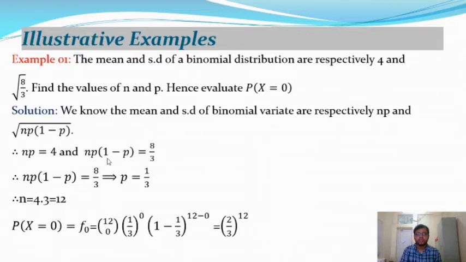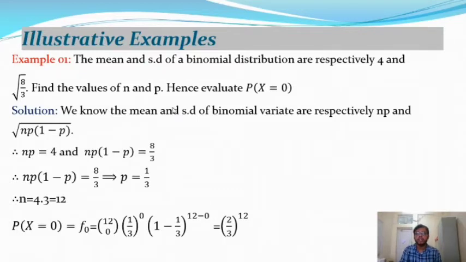Now from these two equations we'll get the value of p. After eliminating n from these two, the value of p is equal to 1 by 3. From the first equation we get the value of n: n is equal to 4 into 3, since p is equal to 1/3, so np is equal to 4, that means n is 12.